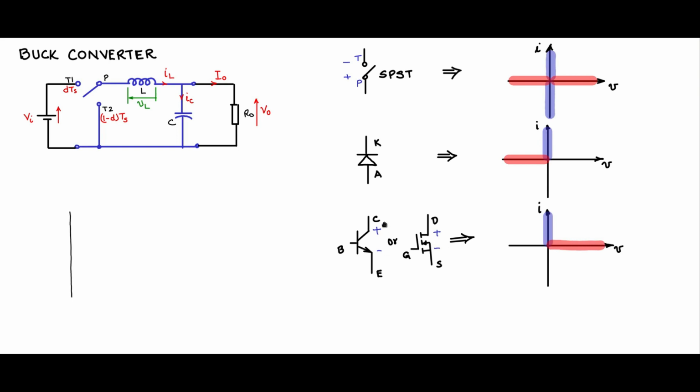On the other hand, the negative voltage cannot be supported by either the BJT or the MOSFET, and therefore the negative axis cannot be operating points. This indicates that during the off condition this device can support only positive voltage, and during the on condition it can support only positive current. Now, with this background, let us get back to our buck converter single pole double throw switch.